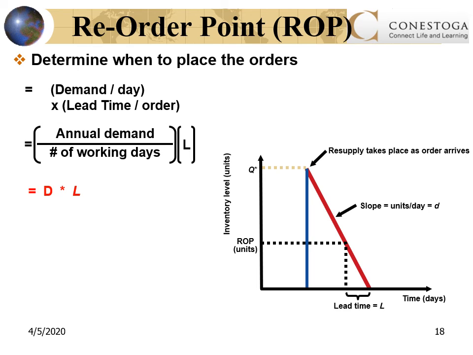So every time I place an order for Q star, let's say in the previous case Q star came out to 50 units. Now the number keeps on reducing. At the beginning I have 50 units.